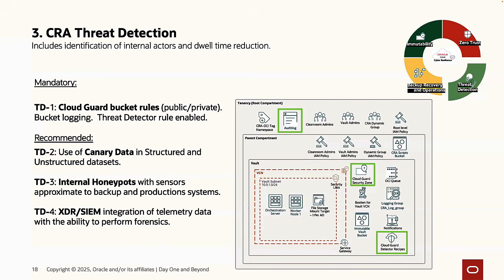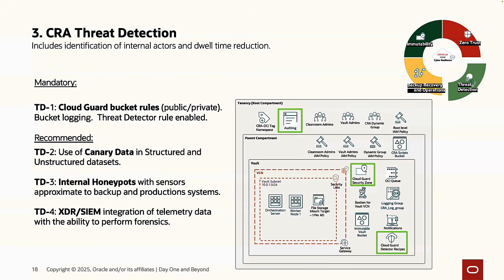You can enable detection or prevent somebody from converting a bucket from private to public access. For example, you can enable bucket logging. You can look at threat detector rules that are specific to object storage and other rules as appropriate.